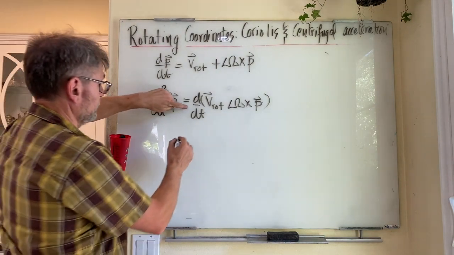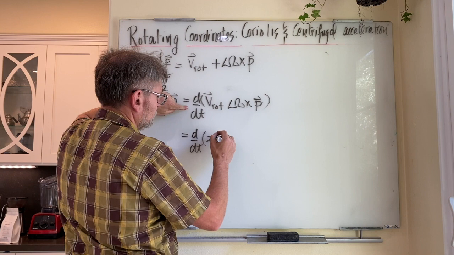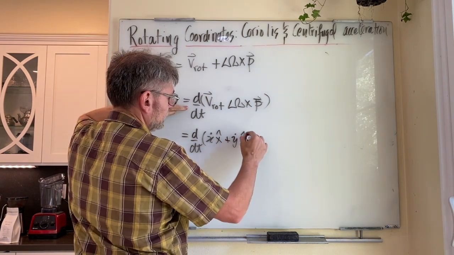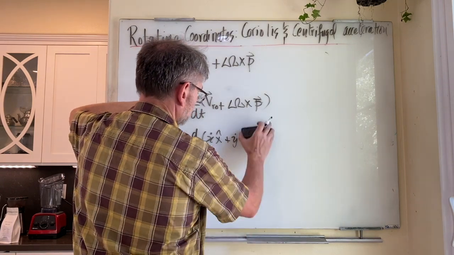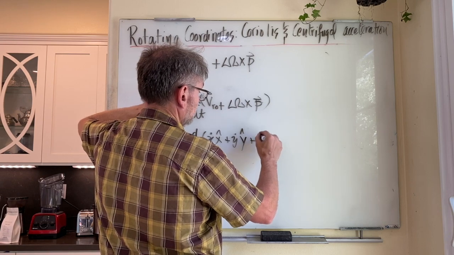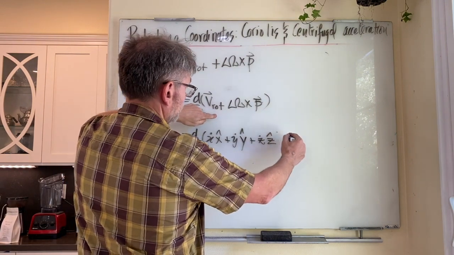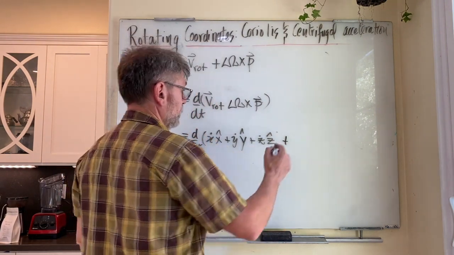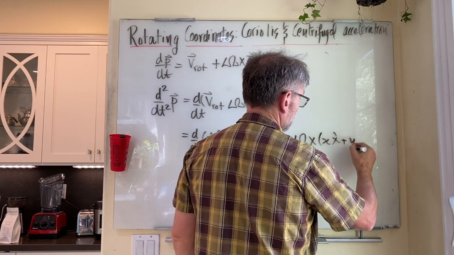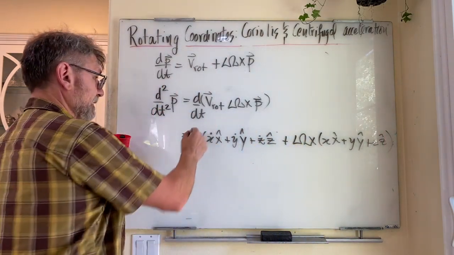And I can rewrite it out like this, which is d by dt of x dot x hat plus y dot y hat plus z dot z hat, that's v rotation, plus omega cross x hat plus y hat plus z hat, d by dt of this whole business.